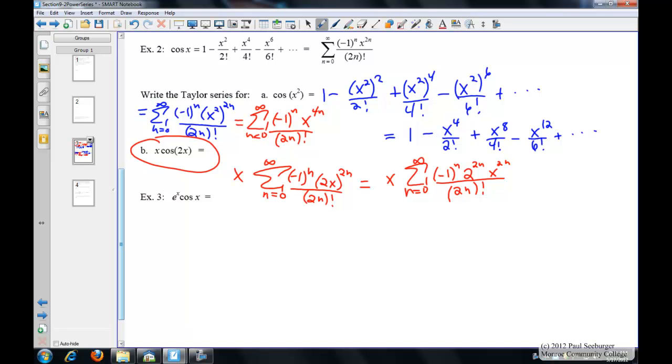Now, we really could simplify this. 2 to the 2n could be rewritten as 2 squared to the n, right? So that's equal to 4 to the n. That might be nice. And we can also bring the x in now. If we multiply that in, you're going to get one extra factor of x. What's that going to do to this exponent here?